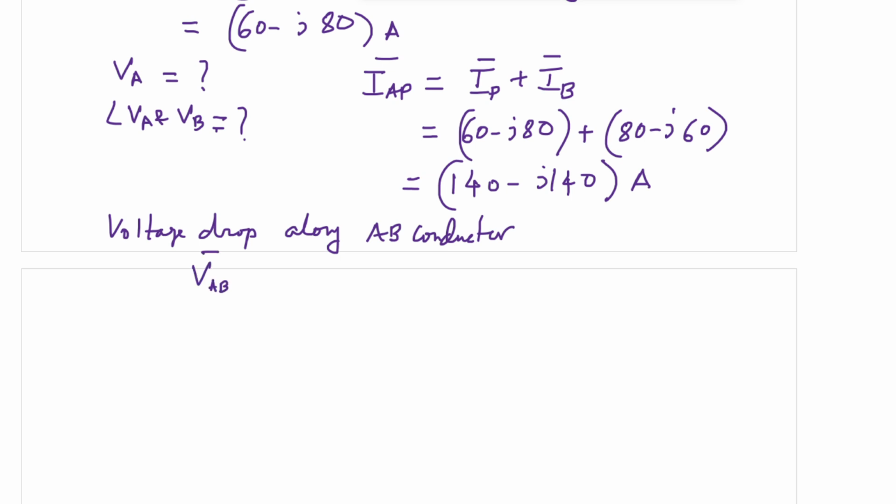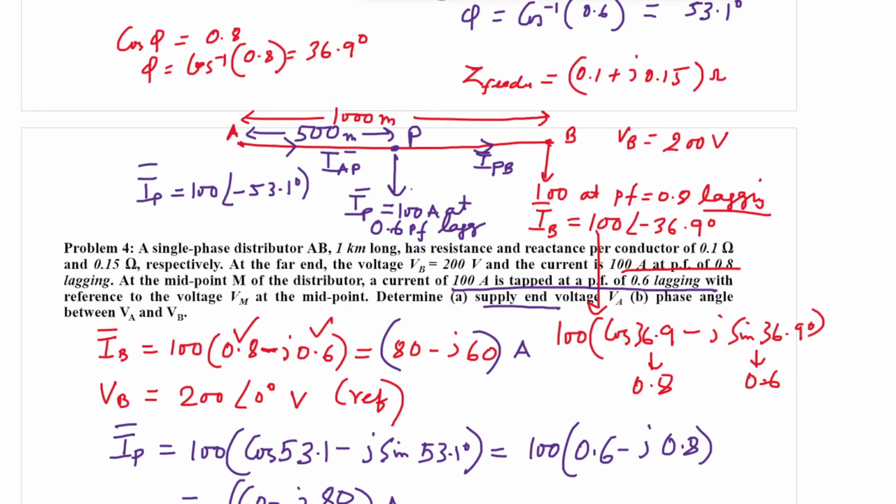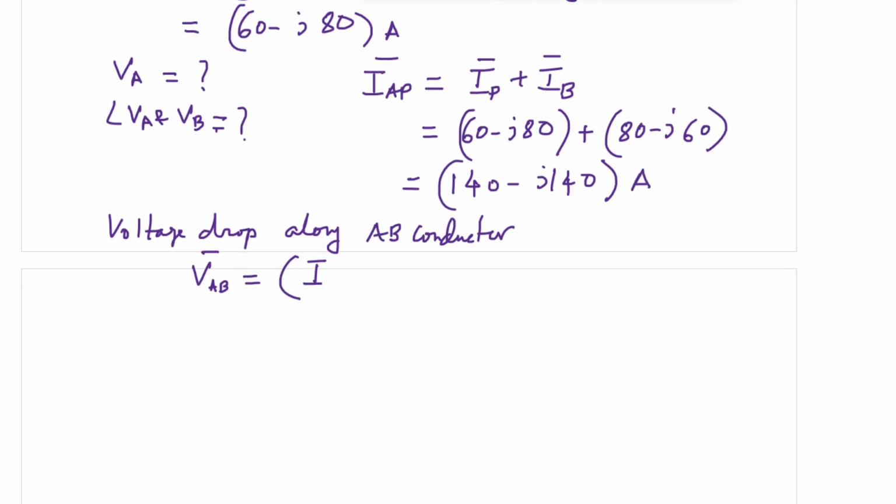We can write VAB is equal to, your first part is this IAP into ZAP. This is the first part. And the second part is IPB multiplied with ZPB.